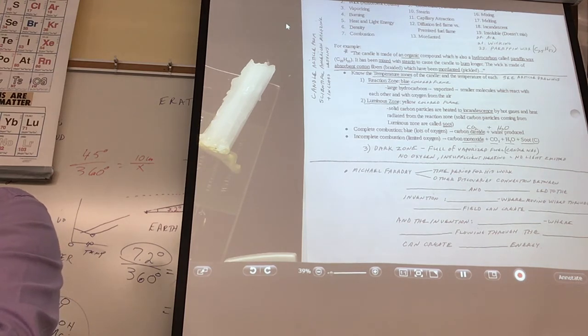Is that right? And by the way, those are called motors, and the thing in your car is actually called an engine, but people like to call them motors, don't they? Okay, anyway, that's right. Let's go on down here. The invention of blank, where blank flowing through the blank can create a blank energy.